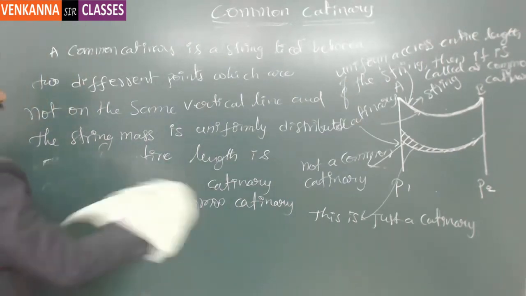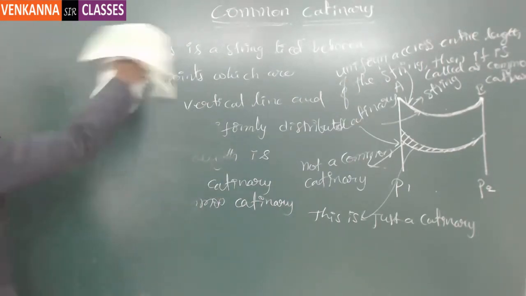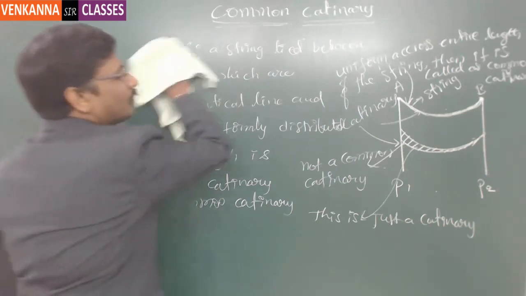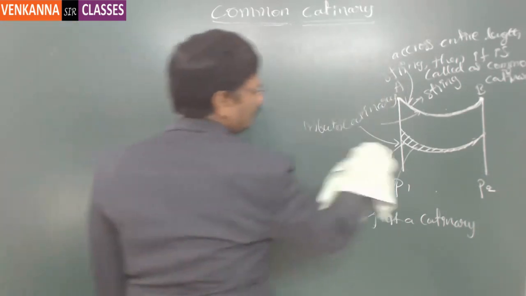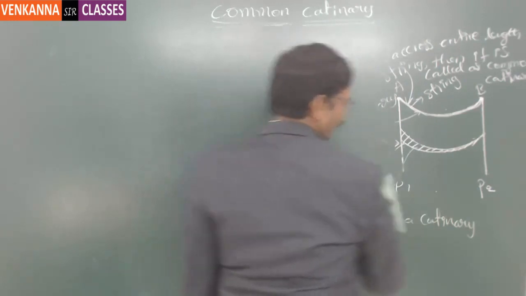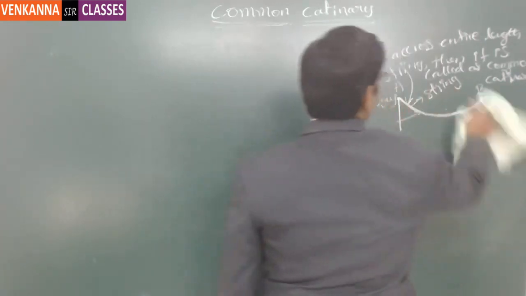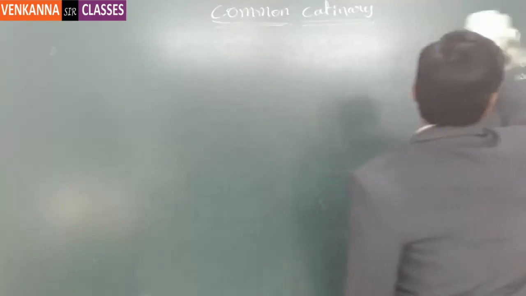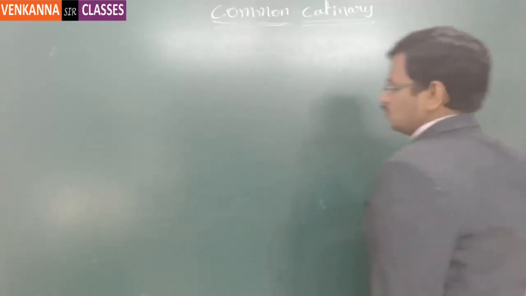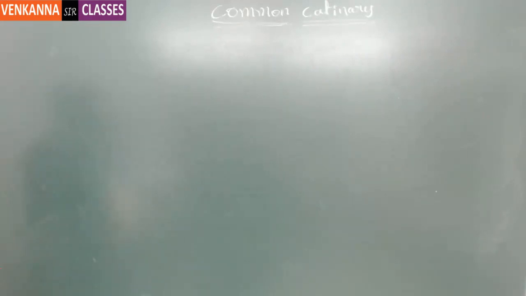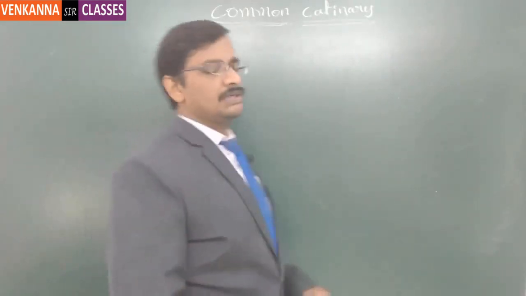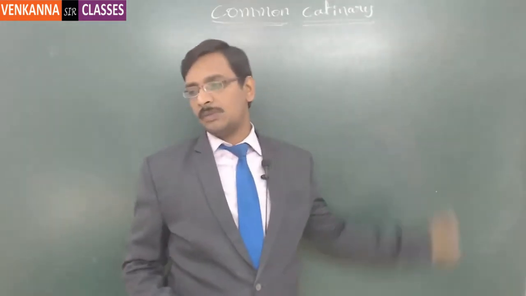Now, from the UPSC point of view, what we need to learn is the equation of the common catenary. There are different forms of this equation. One is the intrinsic form of the common catenary equation, and another is the Cartesian form. You need to understand the meaning and implications of those equations, along with the interpretation, to calculate different parts of this common catenary.